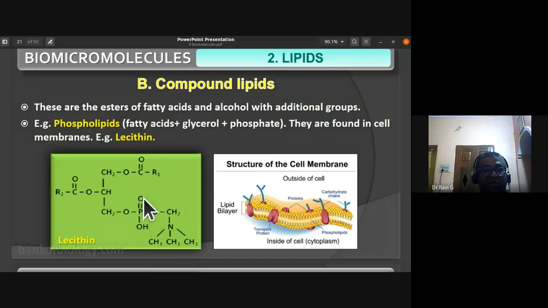You can notice the phosphate group here. So the phospholipids can be noticed in the cell membrane. We have already studied the fluid mosaic model of the plasma membrane, which was put forth by Singer and Nicholson. You can notice this phospholipid bilayer.